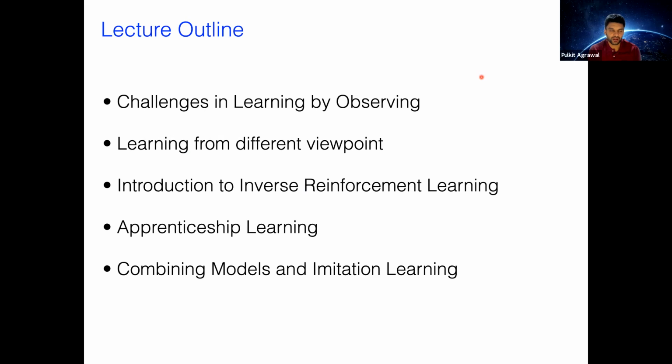But in all the previous discussion, what we were assuming is that the agent has access not only to an observation of how the task is done, but also how the task is being done, right? So now what we're going to look at is how we can learn by just observing someone else perform a task without needing to teleoperate the robot.